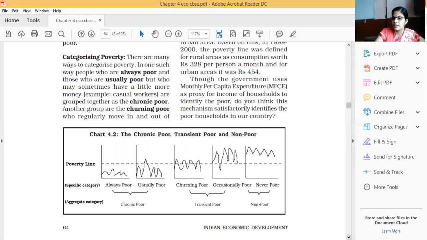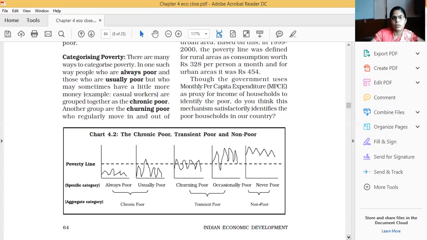People who are always poor and those who are usually poor but who may sometimes have a little more money are grouped together as the chronic poor. Another group are also poor, but these are the churning poor.